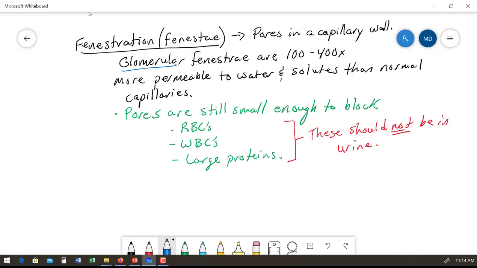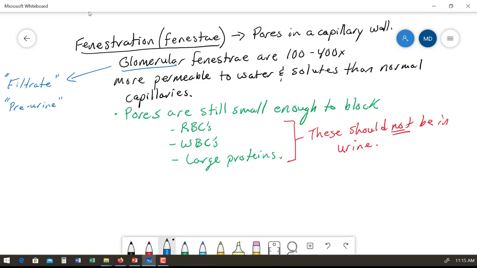Anyway, what comes off of the glomerulus is called filtrate, as you've heard me use many times before. Another term I use for this filtrate is pre-urine. You notice that I'm not using the term urine for what's coming off the glomerulus.